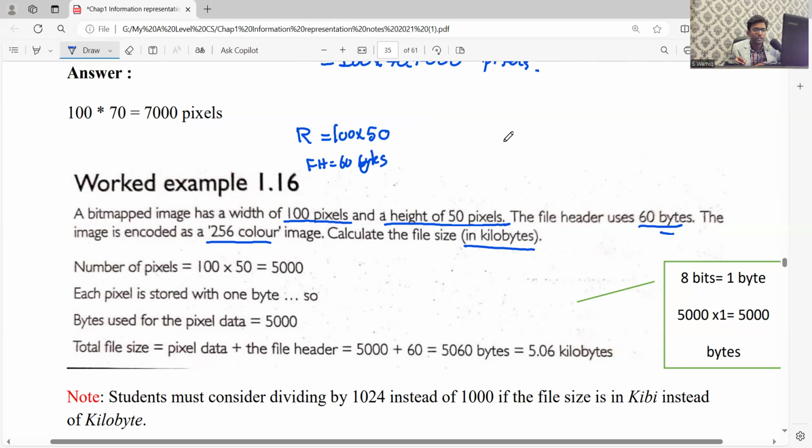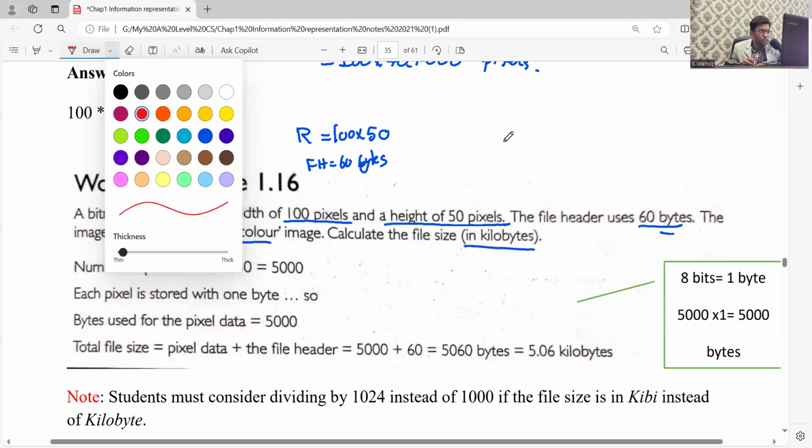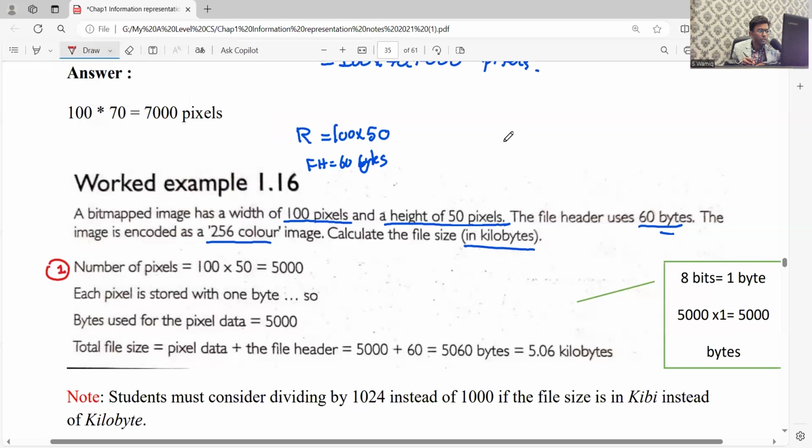For doing this, the first thing you are going to do is find the total number of pixels. For finding the total number of pixels, you simply multiply 100 by 50, and right here you have the total number of pixels. Now, you know that each pixel is stored with 1 byte. That means 1 byte is equal to 1 pixel.